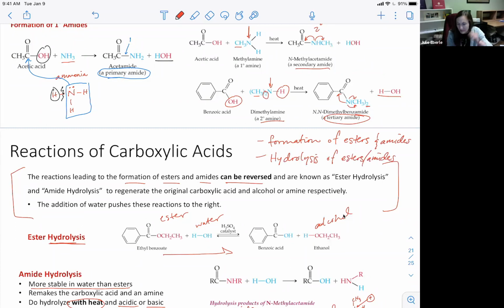And these are opposites, okay? Hydrolysis is the opposite of the formation. One forms the ester or amide, one splits it apart. If that helps you to kind of summarize it.